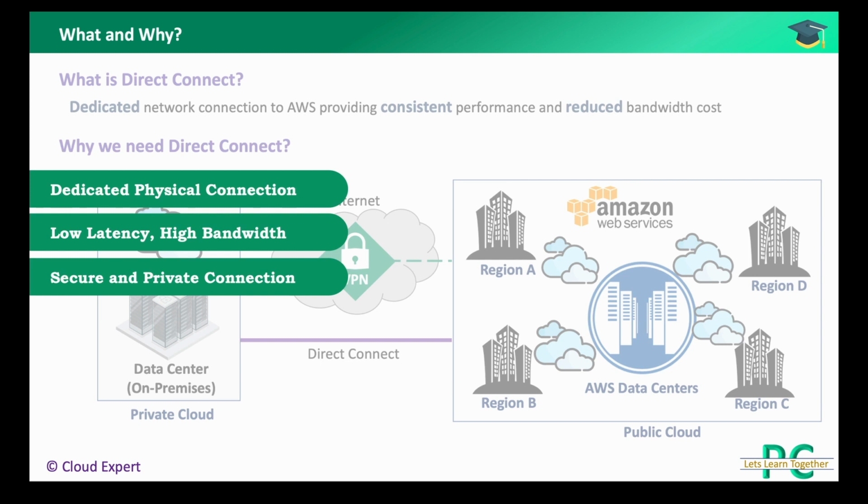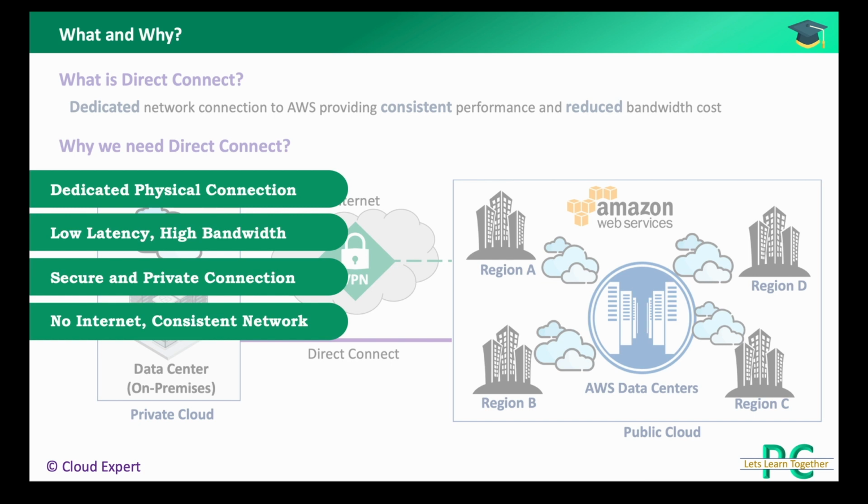One point to be remembered here, the traffic is not encrypted, but since it is a private connection, you are secure. We'll discuss the security part and the encryption part later in this session. But for the time being, please remember the Direct Connect connection is private and secure, but it is not encrypted.